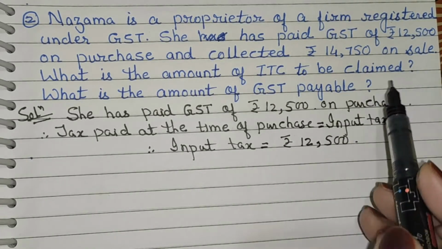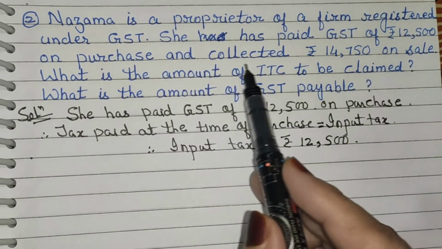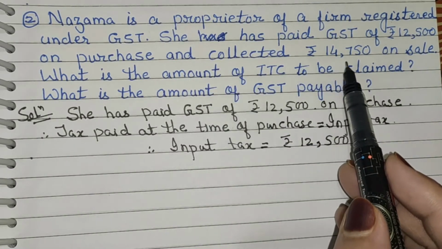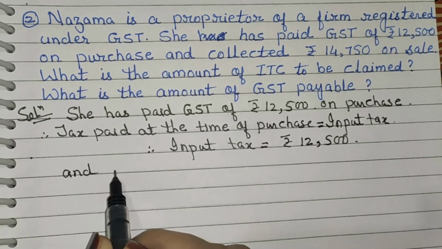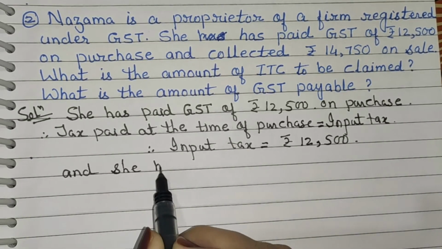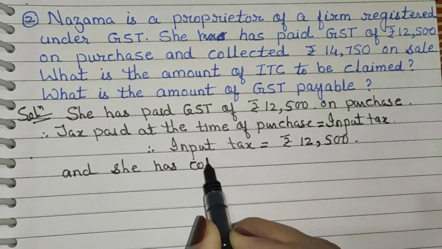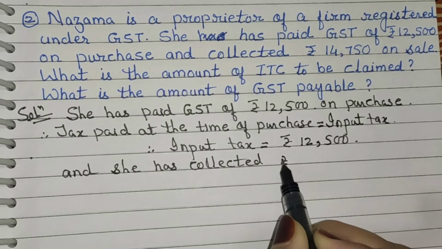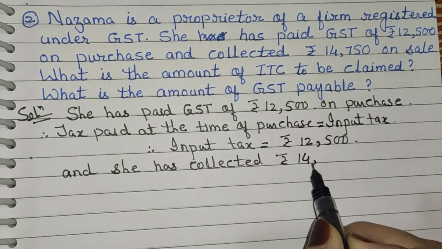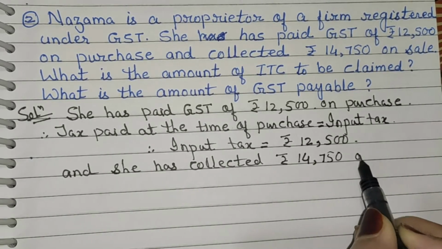Now, next sentence is, and collected rupees 14,750 on sale, and she has collected rupees 14,750 on sale.